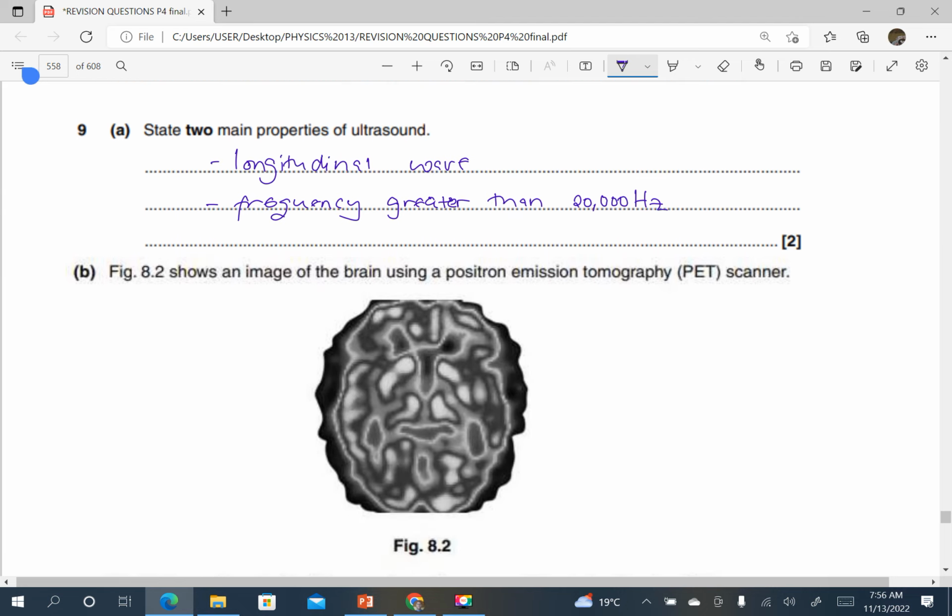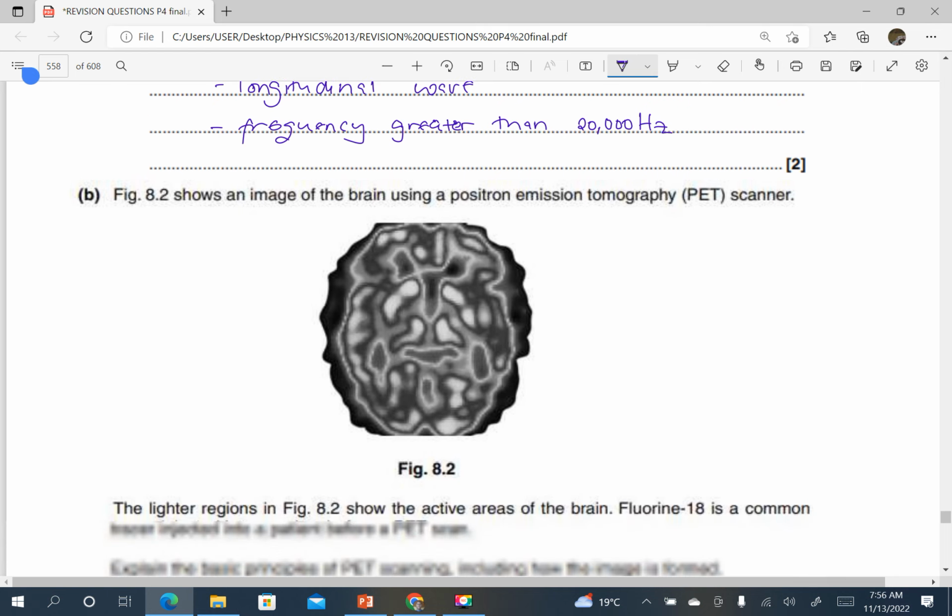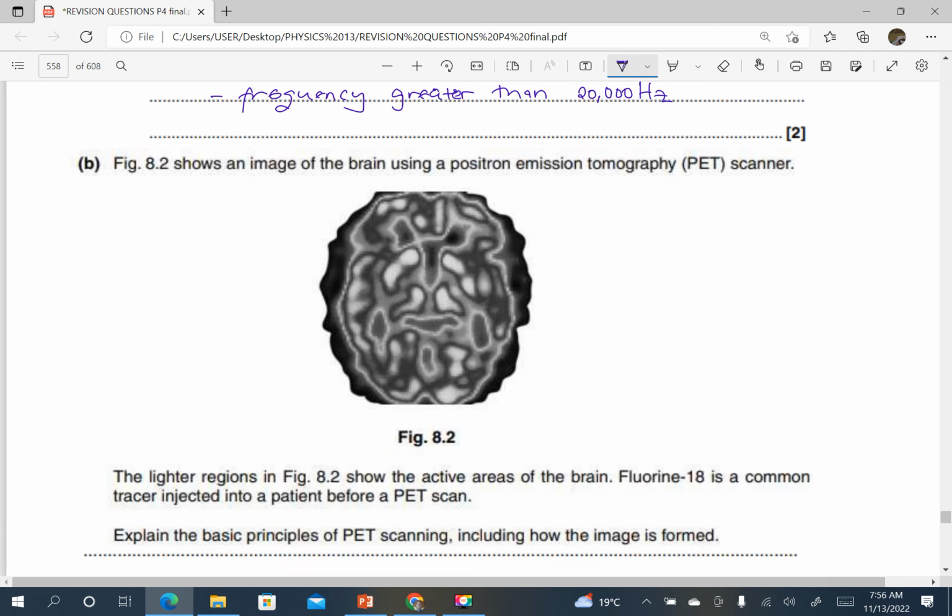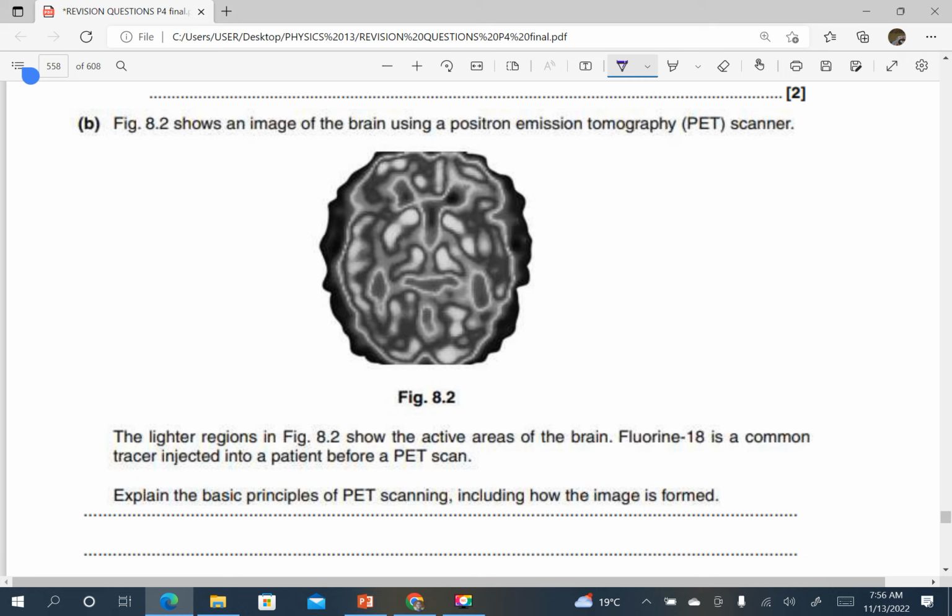The figure shows an image of the brain using a positron emission tomography scanner. The lighter regions in the figure show the active areas of the brain. Fluorine 18 is a common tracer injected into a patient before a PET scan.